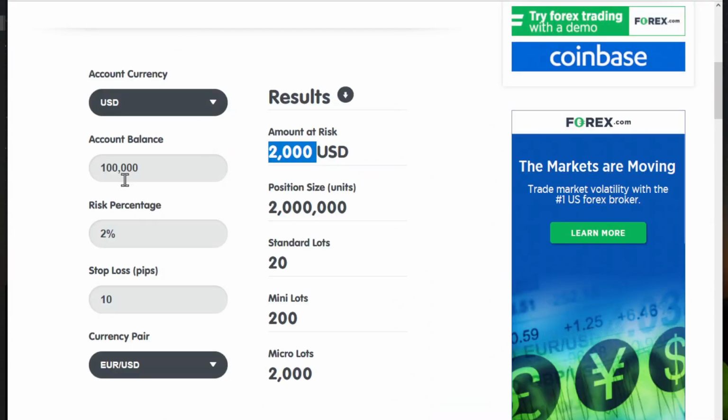And so this one tells you, what do you have in the account, what percentage you're willing to risk, and then how many pips the wrong way are you willing to allow. And then it gives you, okay, this is the maximum that you can buy in lots, and this is what you're risking.